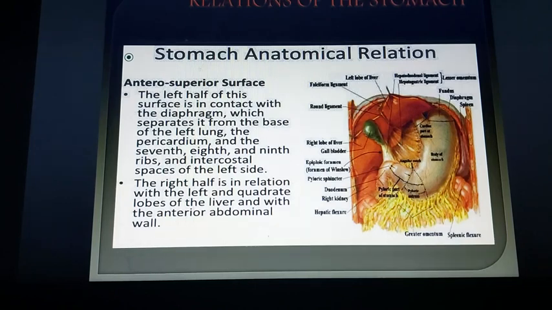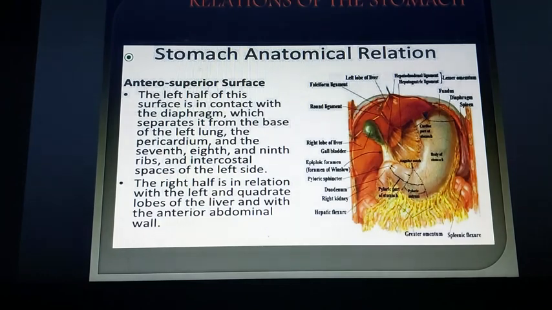So the left half of this surface is in contact with the diaphragm and left lung, pericardium, 7th, 8th, 9th ribs and also the intercostal spaces of the left side.